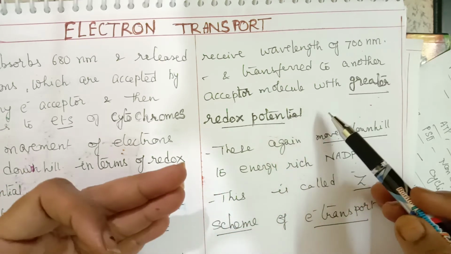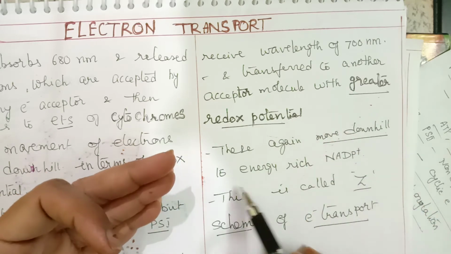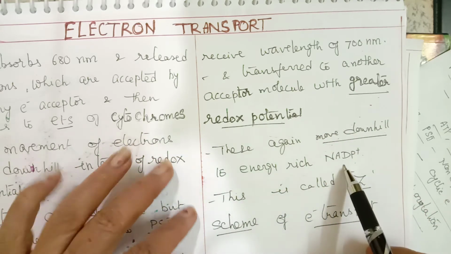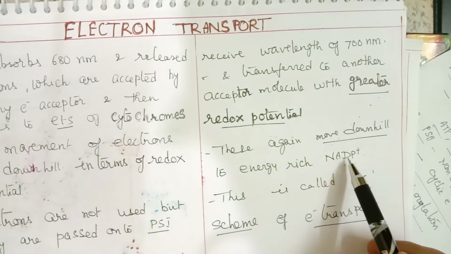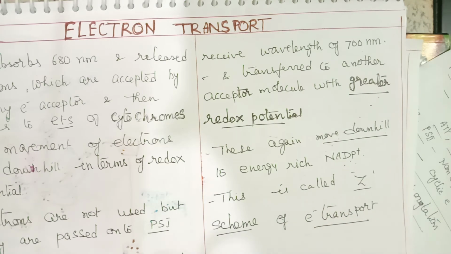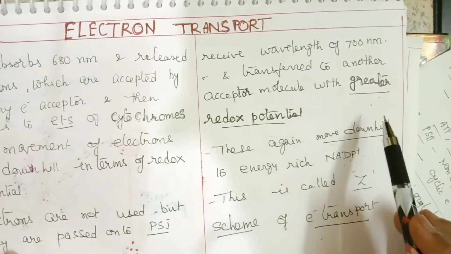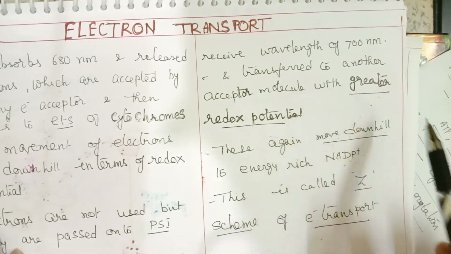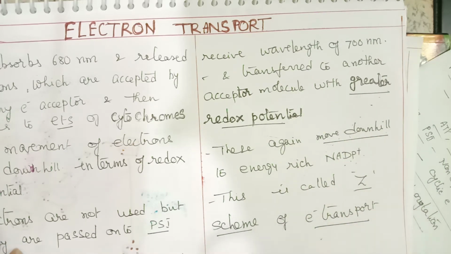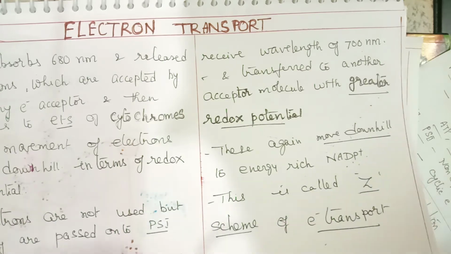From photosystem 1, the electrons move to another electron acceptor and proton acceptor called NADP+. This type of zigzag movement of electrons, starting from photosystem 2, passing through various electron carriers, and reaching photosystem 1 and finally NADP+, is called the Z scheme of electron transport.